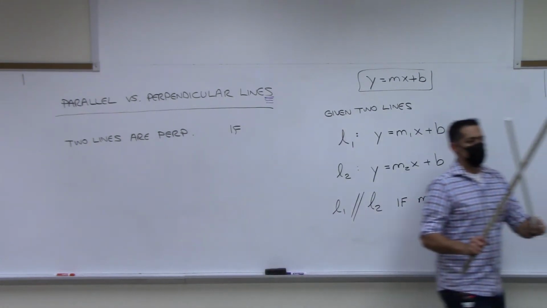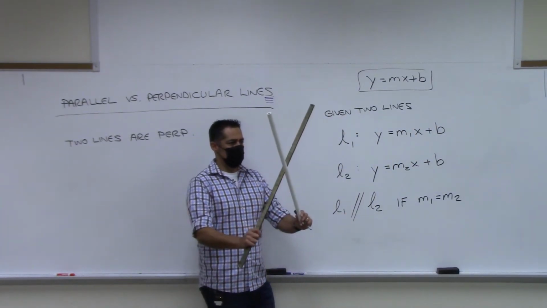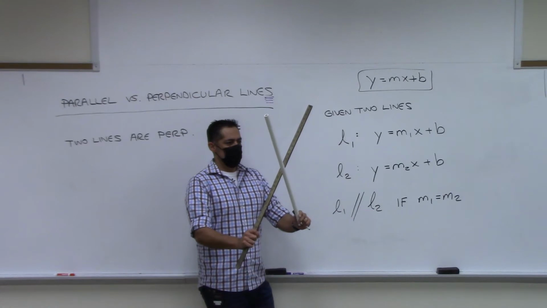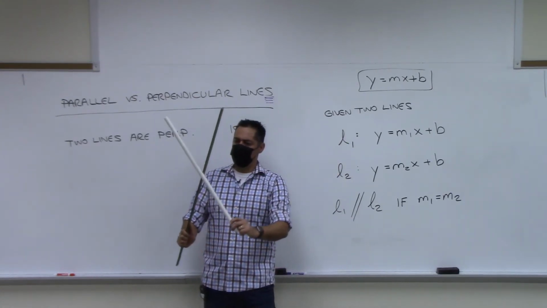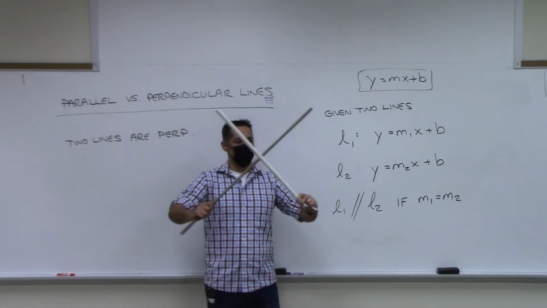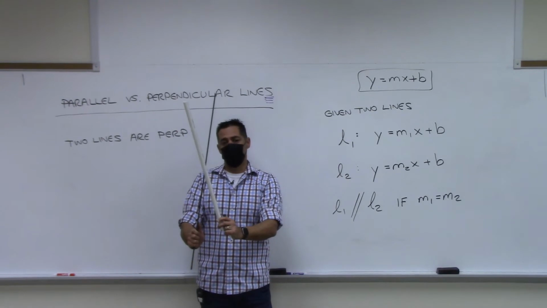You mean this? Do these hit each other? Those intersect, right? Is that perpendicular? It makes a T. Okay, so intersecting isn't quite enough. We need it to be like a perfect T, like this. That's perpendicular. Not perpendicular. That's called skew.